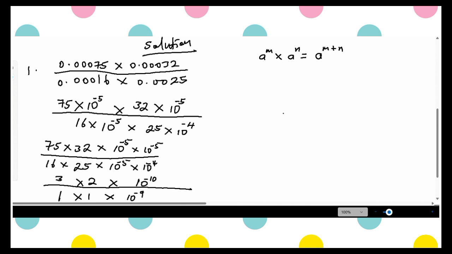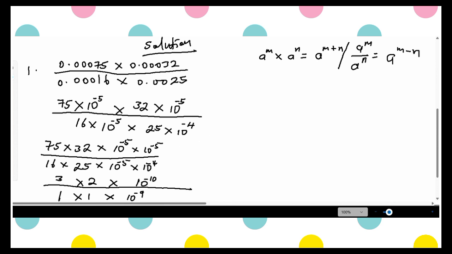Right, so from this point, we can also recall that according to indices again, if we have a raised to the power m all over a raised to the power n, this should be equal to a raised to the power m minus n.